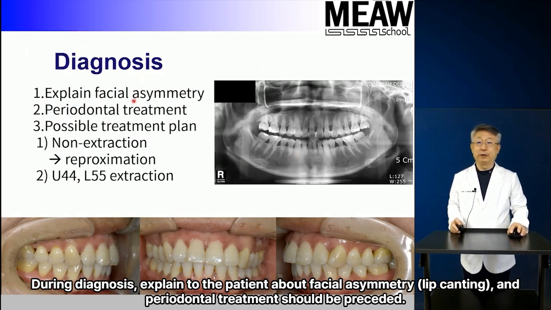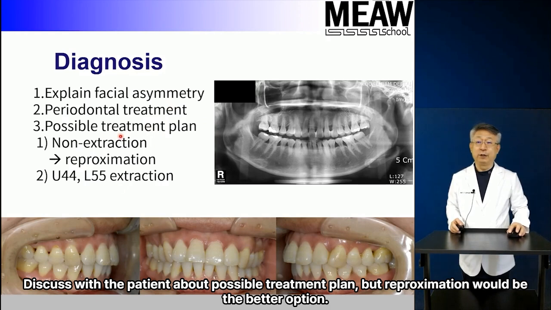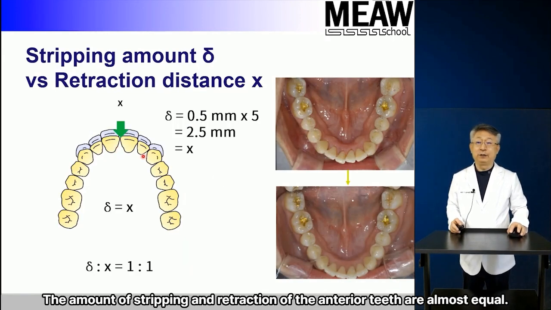During diagnosis, explain to the patient about facial asymmetry and lip canting, and periodontal treatment should be proceeded. Discuss with the patient about possible treatment plan, but reproximation would be the better option. The amount of stripping and retraction of the anterior teeth are almost equal.